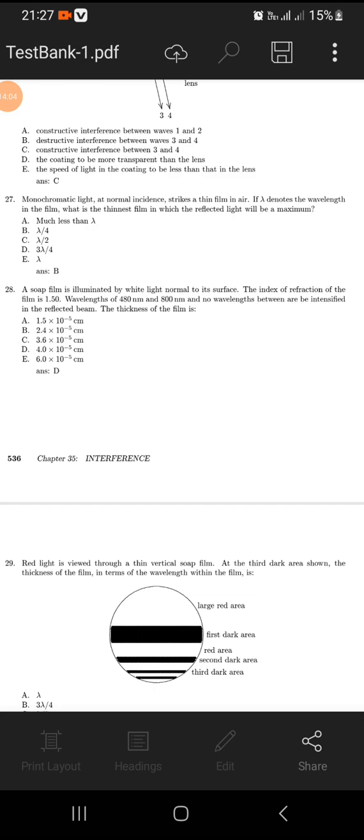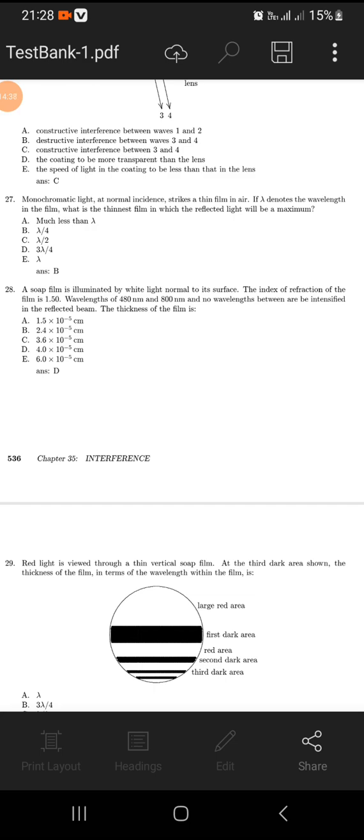It's lambda over 4. Maximum. Monochromatic light, lambda over 4.